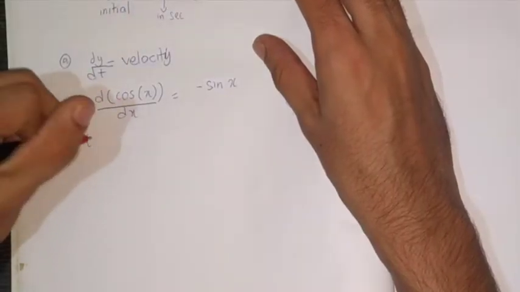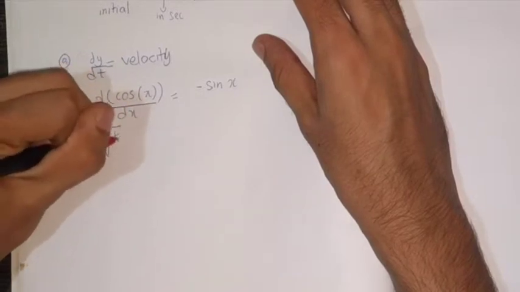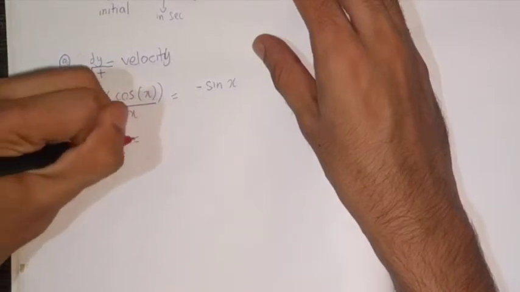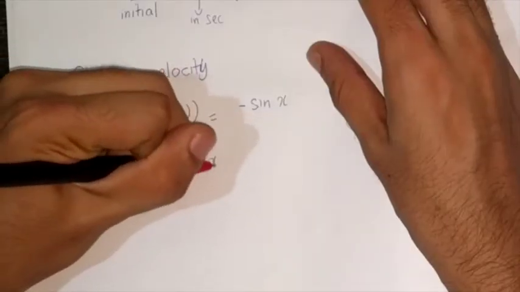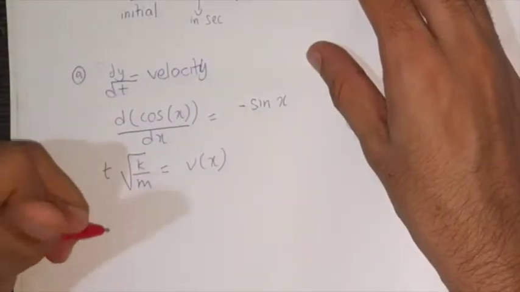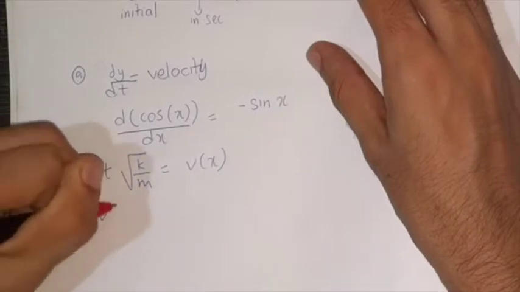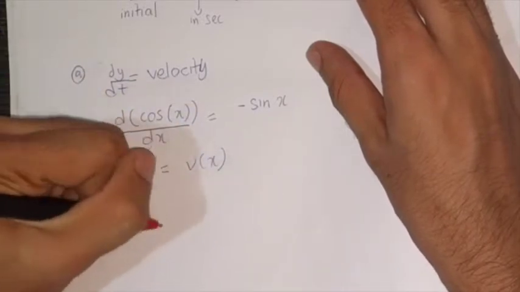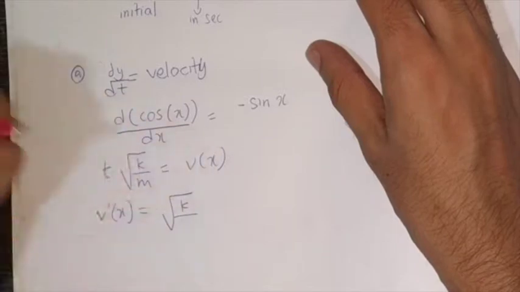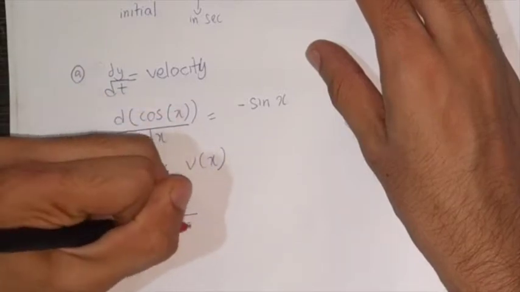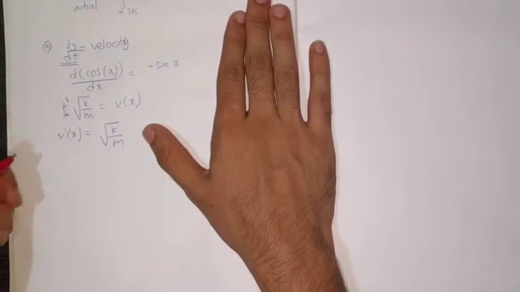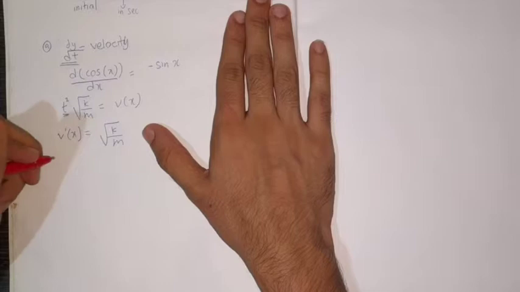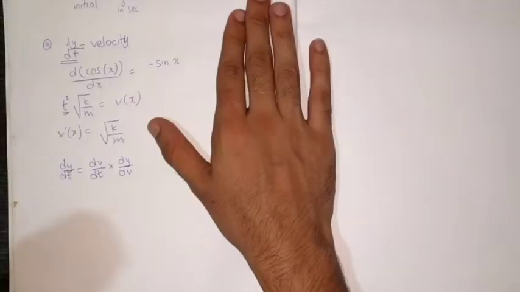If we assume t root k by m to be a function called v of x, then v dash of x would simply be root of k by m. In order to find the derivative of the position with respect to time, we must use the product rule.